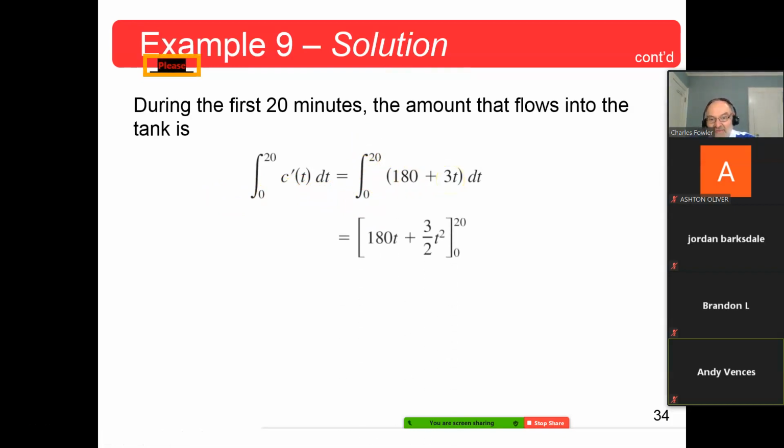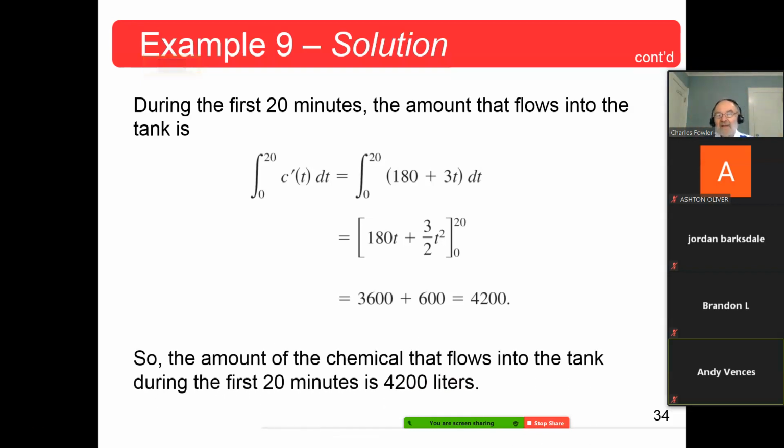The antiderivative of 180 is 180t. The antiderivative of 3t is 3/2 t squared. Evaluated from 0 to 20, that gives you 4,200 liters. They should put their units in there. Yeah, so the amount of chemical that flows into the tank during the first 20 minutes is 4,200 liters.